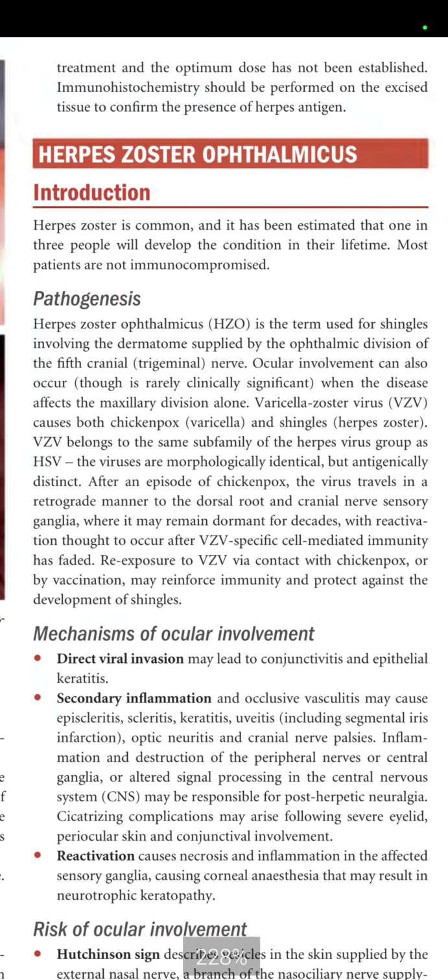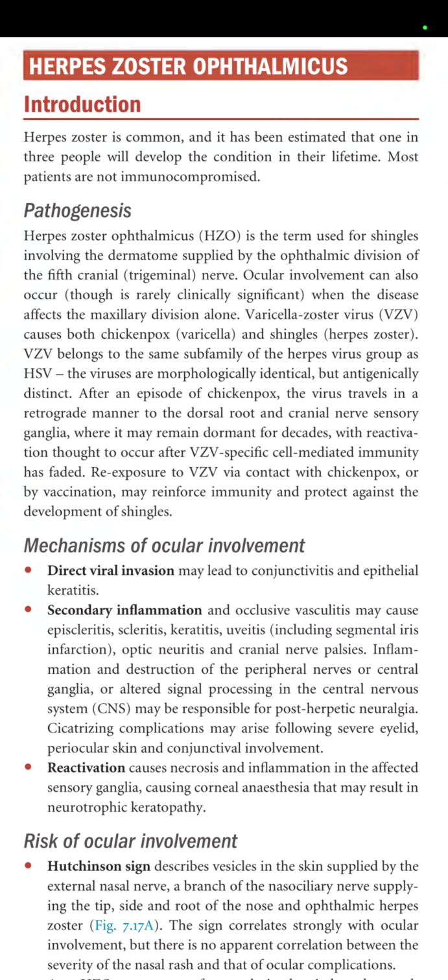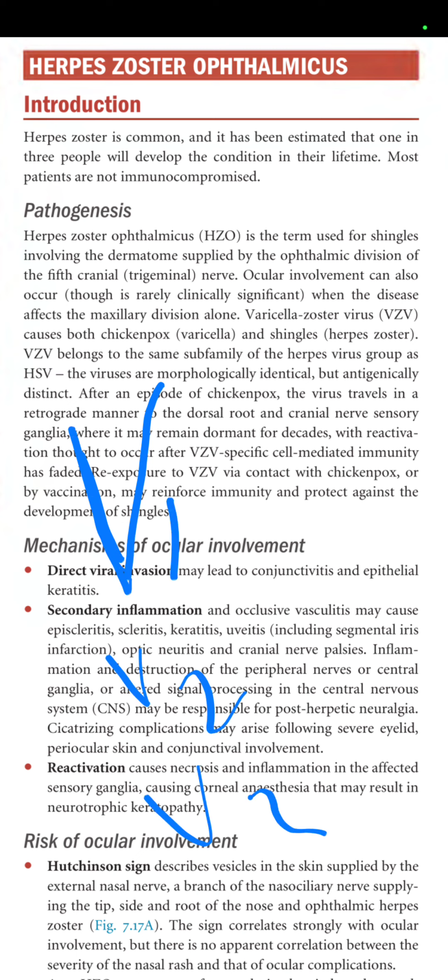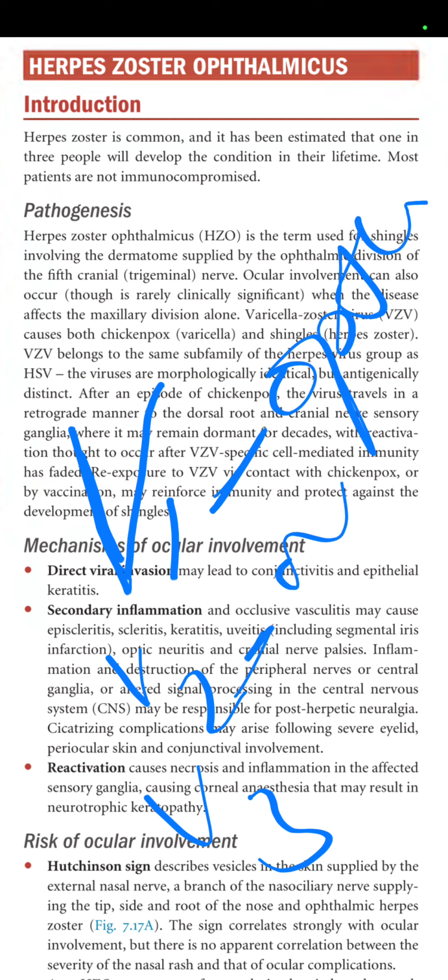Pathogenesis. Herpes zoster ophthalmicus is the term used for shingles involving the dermatome supplied by the ophthalmic division of the fifth cranial nerve. You know that the trigeminal nerve has three branches: V1, V2, and V3. V1 is ophthalmic, number 2 is maxillary, and number 3 is mandibular division.